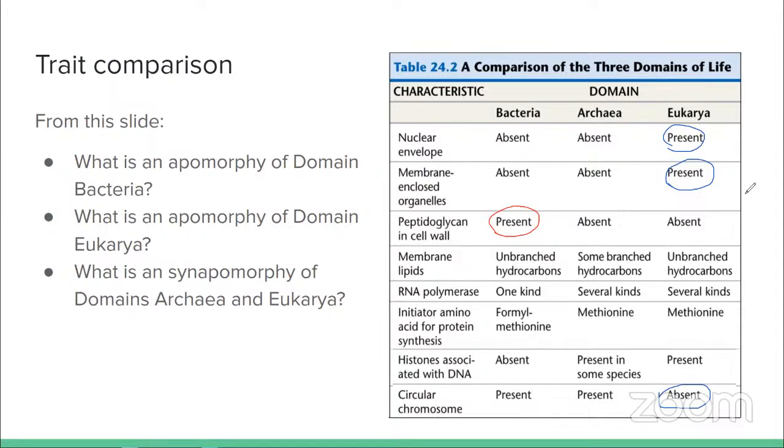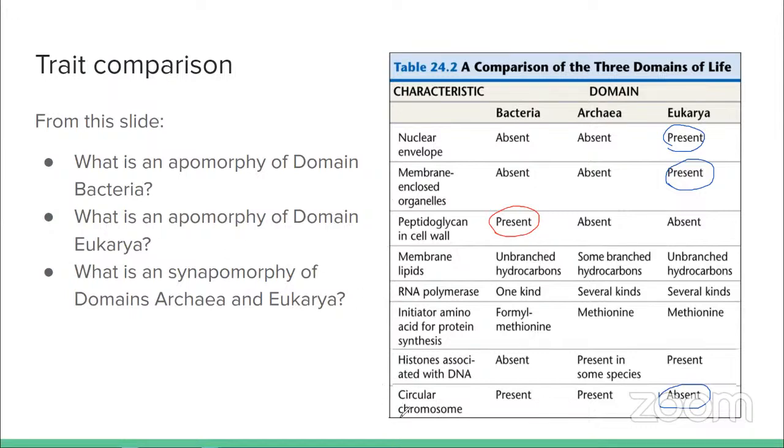A detail that we would want to put on there, when we think about an apomorphy, we usually think of it as a derived trait. So that's kind of embedded in the term. So when we evaluate these characteristics, to say for sure that it is an apomorphy, we would want to know that this is something that evolved within eukarya rather than something that didn't evolve.